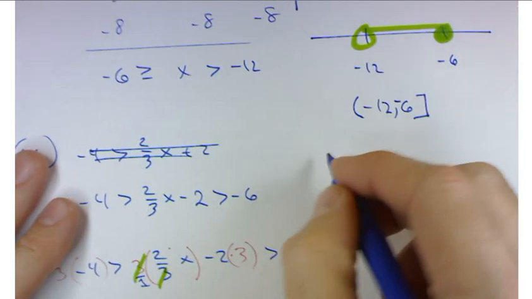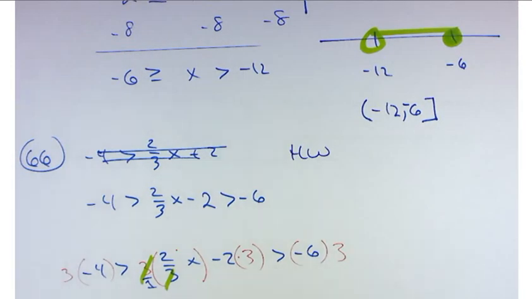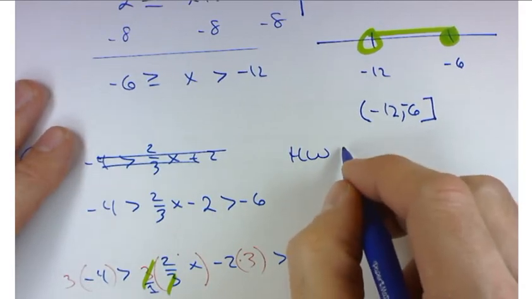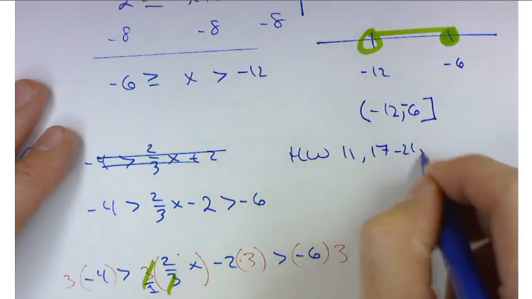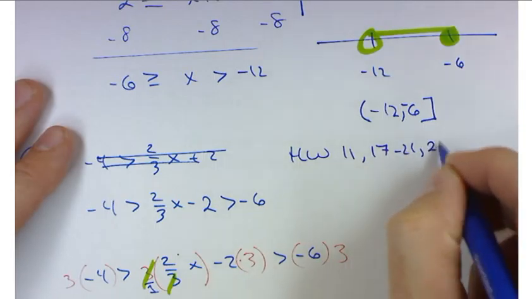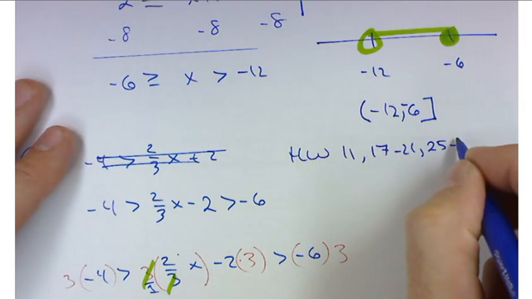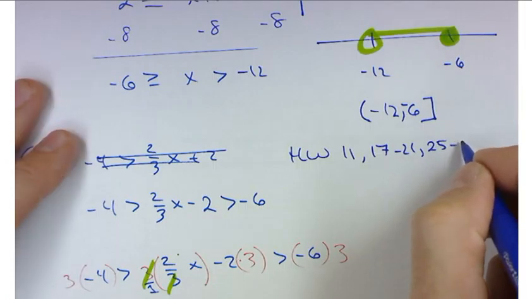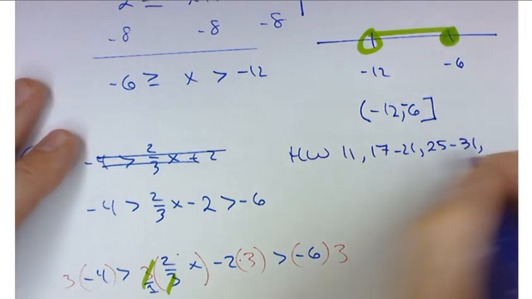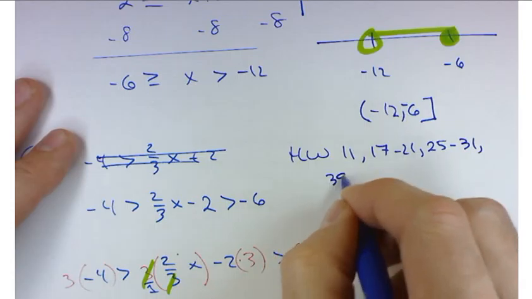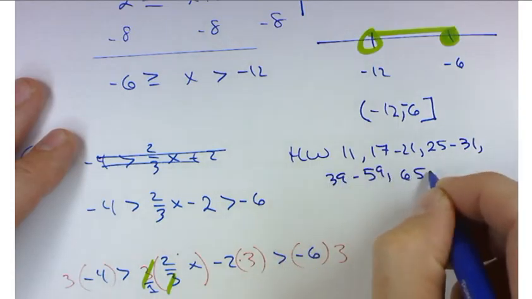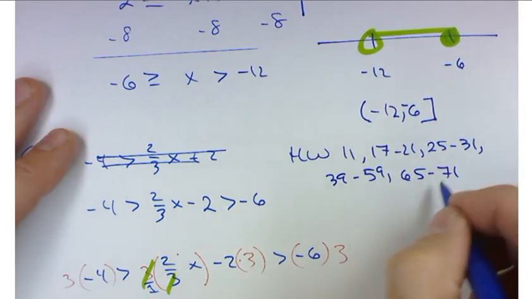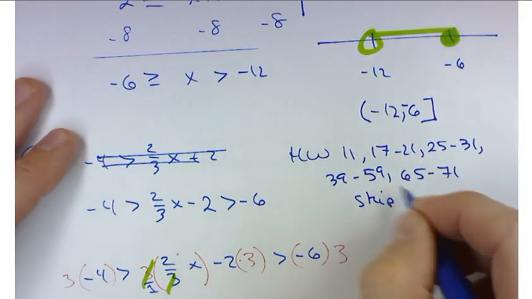For homework. Now theoretically, some of this was already done, but for homework, try problems 11, 17 through 21, 25 through 31, 39 through 59, 65 through 71, and you can skip problem number 43.